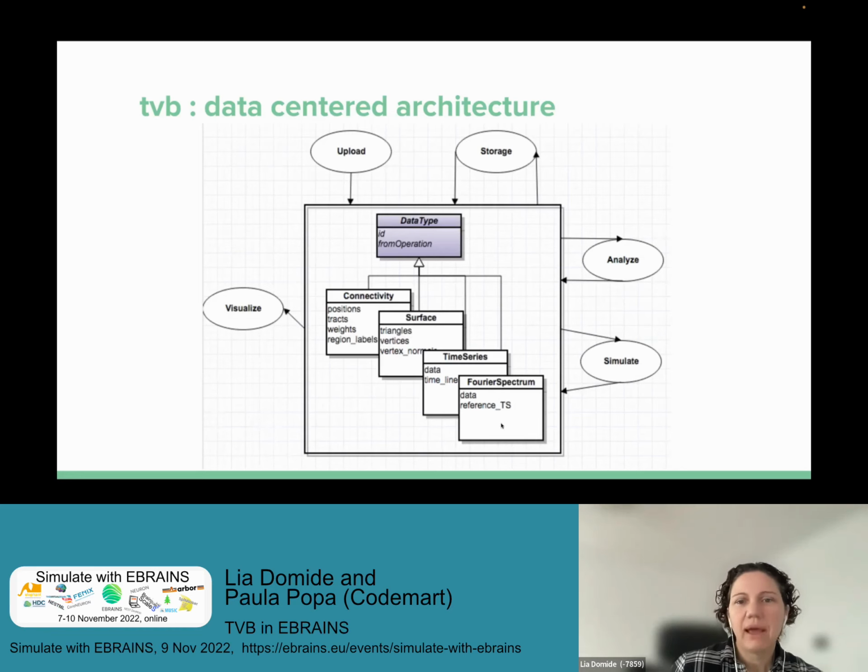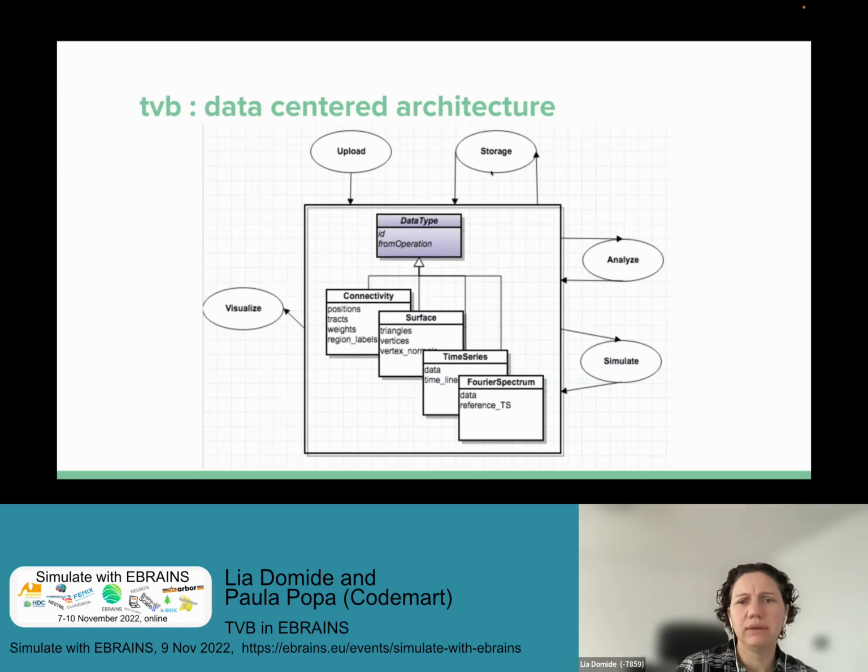And by having data in the center, we further organize operations just around them, like the simulator. The simulator is a satellite node that is taking as input a connectivity, and it's producing as output a time series in the simplistic manner. An analyzer will take as input one time series and compute as output a Fourier spectrum data.